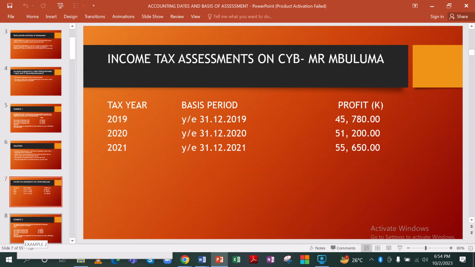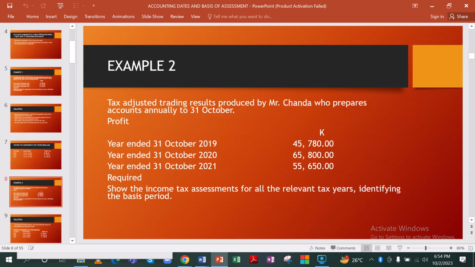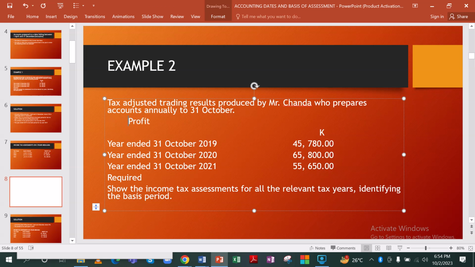Let's look at another example in this particular regard. We have a tax adjusted trading result produced by Mr. Chanda, who prepares accounts annually to 31st October. Let me just put this adjustment here.